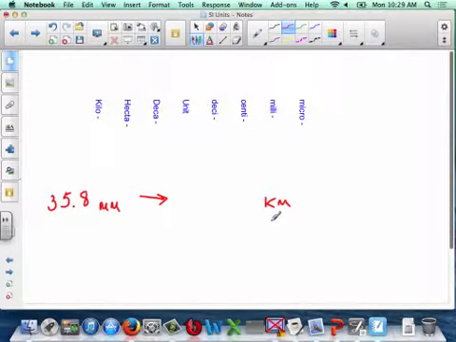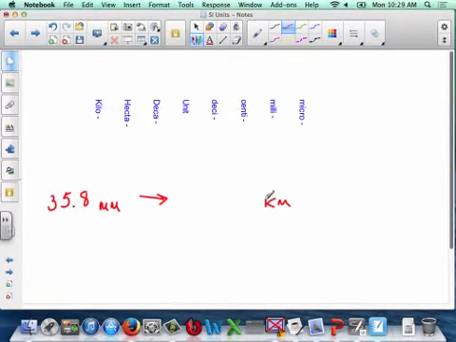Now here's how you handle this. If you have it written in this direction, across the top of your page, this really makes conversion super, super simple. So you're always going to start at the place that you're given. So what are we given? We're given the milli. So we're going to start right here at milli. Okay, now where do we need to end up?